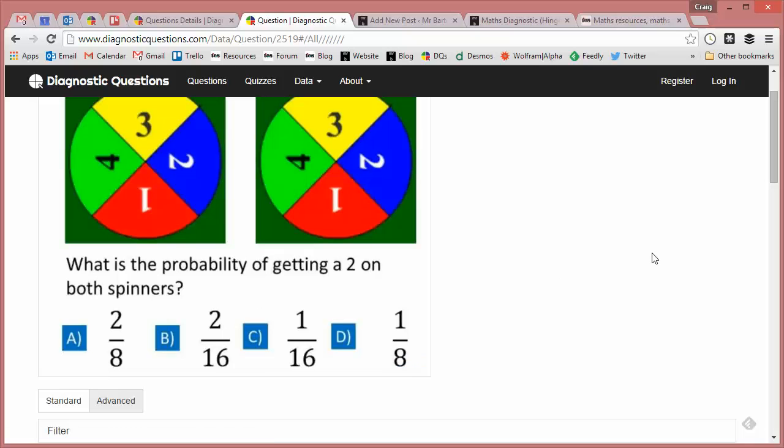So what are we going to do about this as teachers? What's this actually telling us? Obviously, our major issue is this 2 over 8, and we've got to get across to students that you can't simply just add the tops and add the bottoms together. Will a tree diagram solve the problem? Possibly, but my issue sometimes with tree diagrams is once students have got them set out, do they just go into automatic pilot and multiply to go across and add to go up and down the tree diagram?